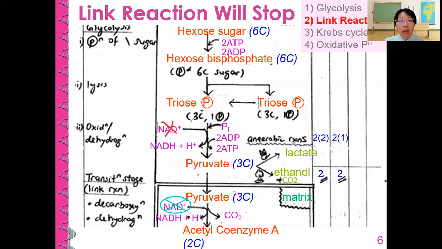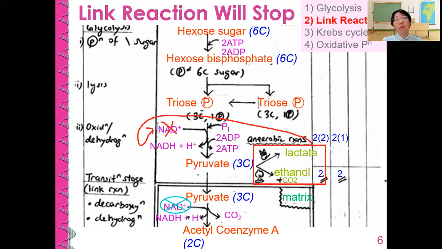But for glycolysis, whenever there's no oxygen, it can go into the anaerobic pathway in order to regenerate back the NAD+. Okay, so the anaerobic pathway is to regenerate back the NAD+ so that at least glycolysis can happen.